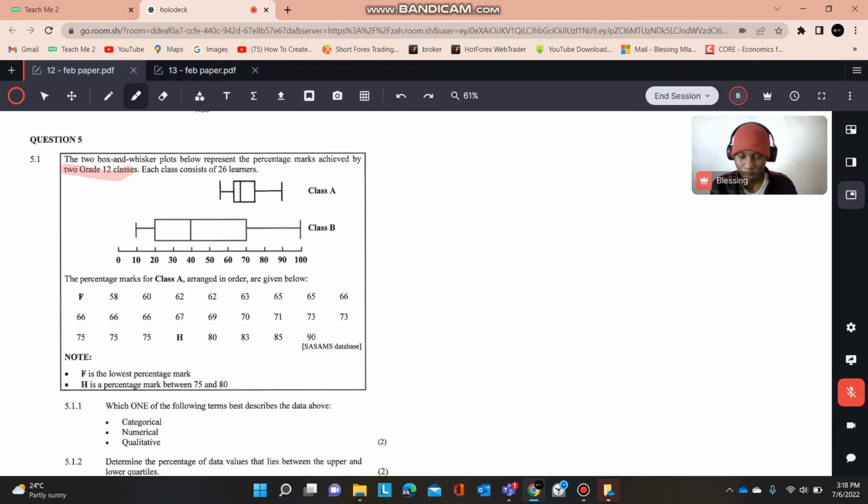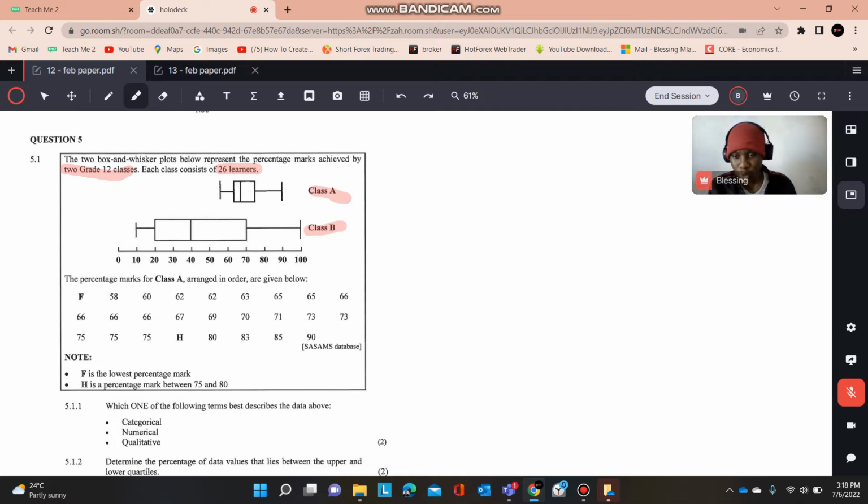So these two box and whiskers over here represent the grade 12 marks for two classes, which is class A and class B, right? And then they say each class consists of 26 learners. This is very key to know that in each class we have 26 learners, meaning that the numbers are also 26.